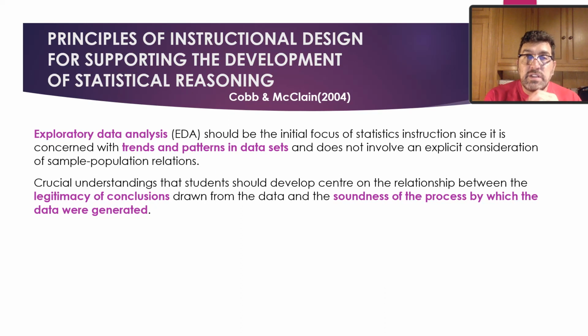Okay, so you cannot make a claim about something that you observed if the way in which data was collected, the soundness of that process, is not known or is not made explicit. The two are linked to each other. Okay, and that comes in sampling. Later on we'll talk about that when we look at sampling.